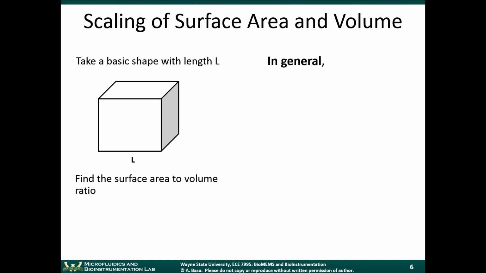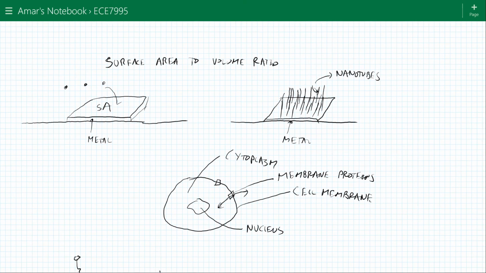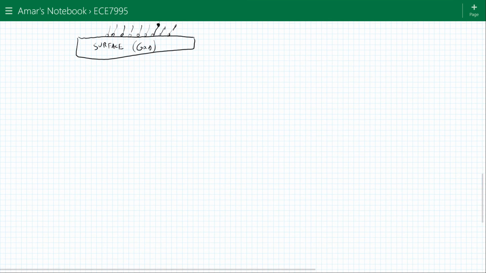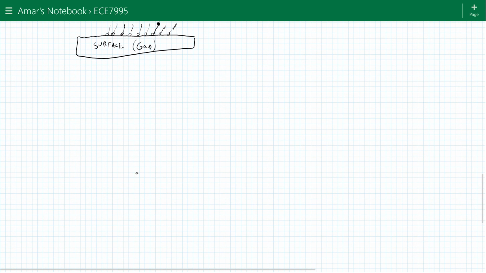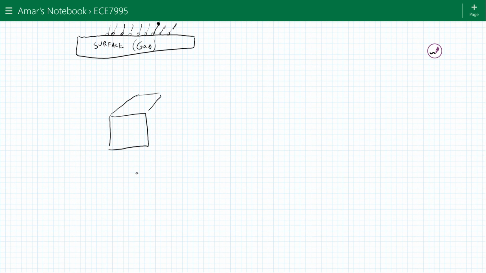So, what does that mean? Let's go back here. All right, we have this cube. Surface area to volume ratio.